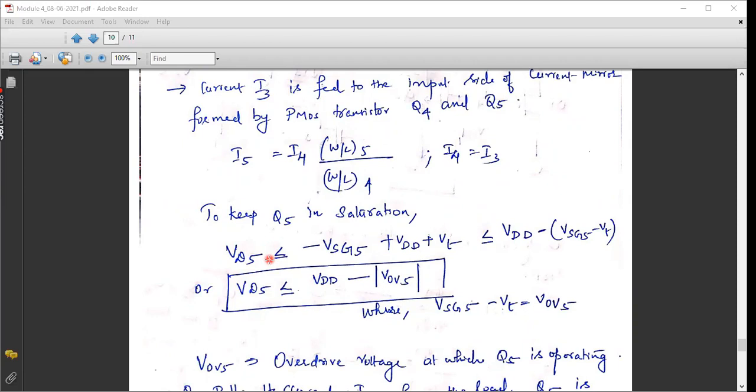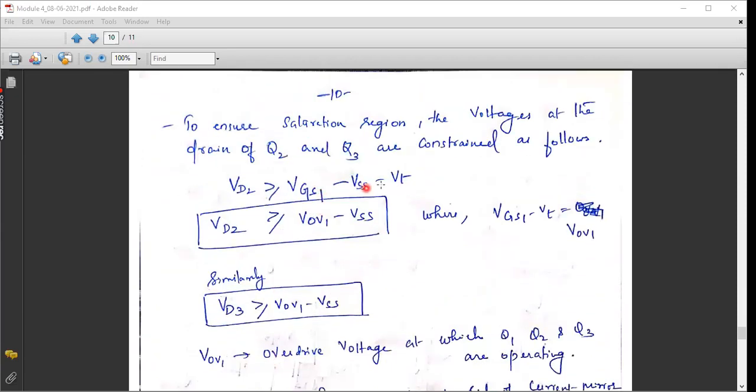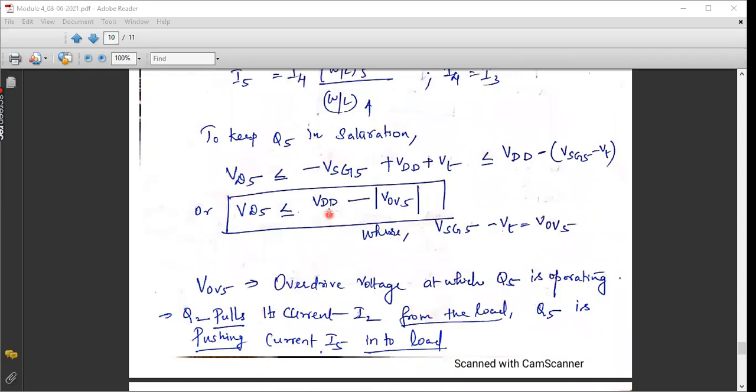In the NMOS, what was the condition? VD greater than or equal to VGS minus VT. Here, VD is less than or equal to negative VSG plus VT. You need to change the sign for the threshold voltage as well as the source-gate voltage. So VD5 should be less than or equal to minus VSG5 plus VT.